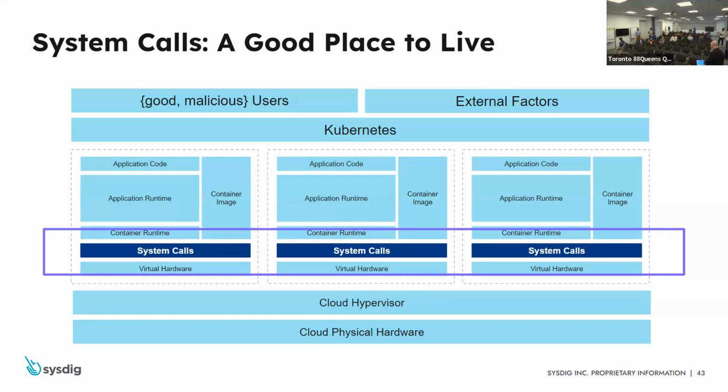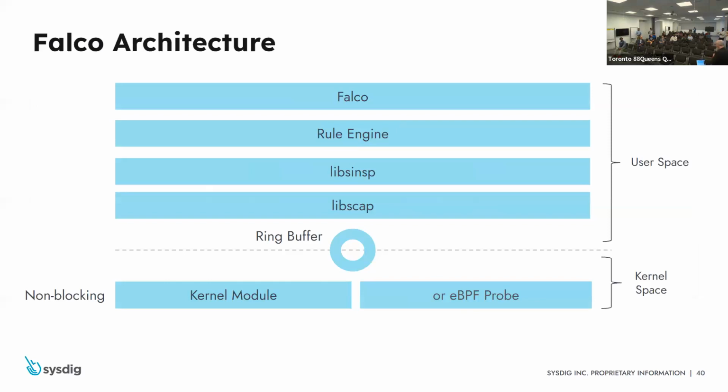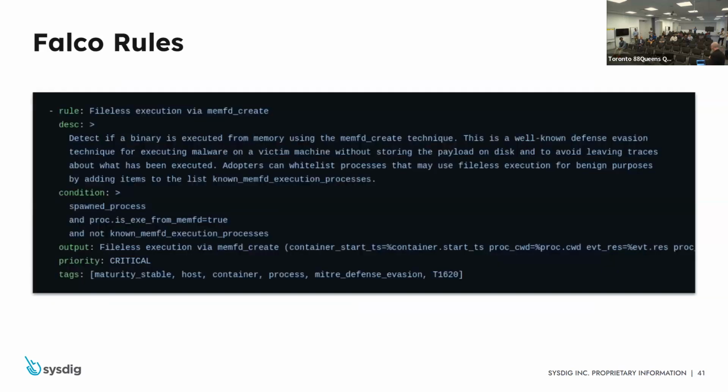Yeah, exactly. So if I go back to, let's see, this slide, right? Part of Falco is sitting right in the kernel. So it's going to see any system calls, and basically it has a rules engine that executes this rule, right? So it's watching system calls, and if it sees this kind of system call and this kind of system call, then fire an event. But yeah, it's sitting right in the kernel. It can see everything.